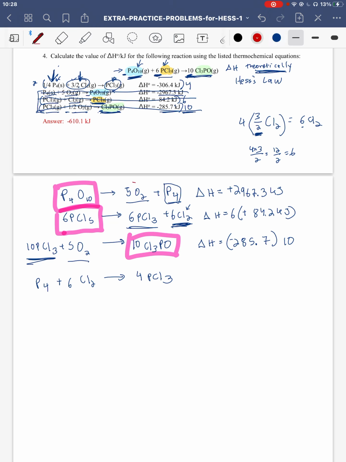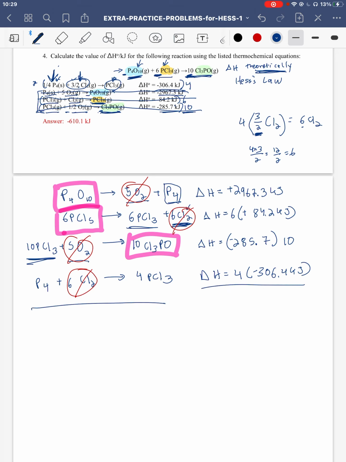Let's take a look. 5 oxygens, canceled. 6 Cl2, 6 Cl2, canceled. Oh, I'm sorry, I did not write the enthalpy change. Delta H equals 4. I kept the sign the same, so negative 306.4 kilojoules. Okay, let's make sure everything is canceled in the way that I expect. So P4, P4, that's now canceling.